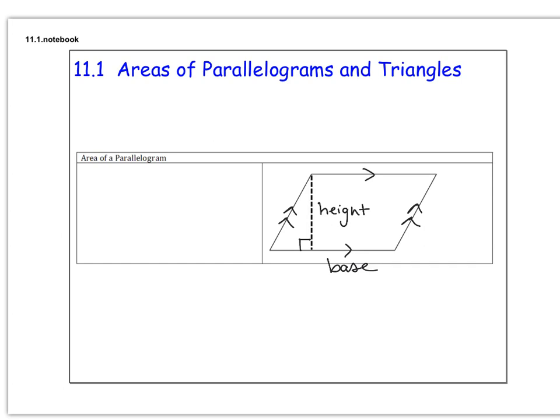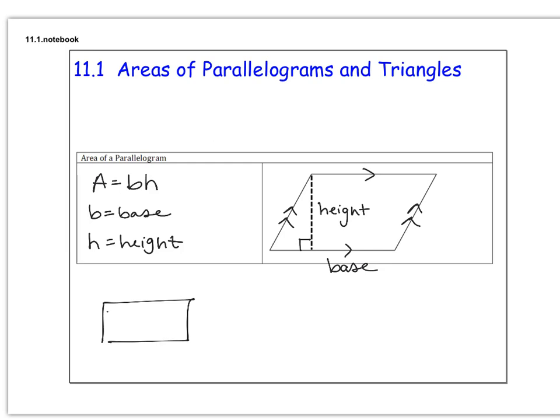So if we wanted to find the area of any parallelogram, we would do base times height. And B stands for base, H stands for height. Now, think about a rectangle. Is a rectangle also a parallelogram? Yes, it would have two pairs of parallel sides.